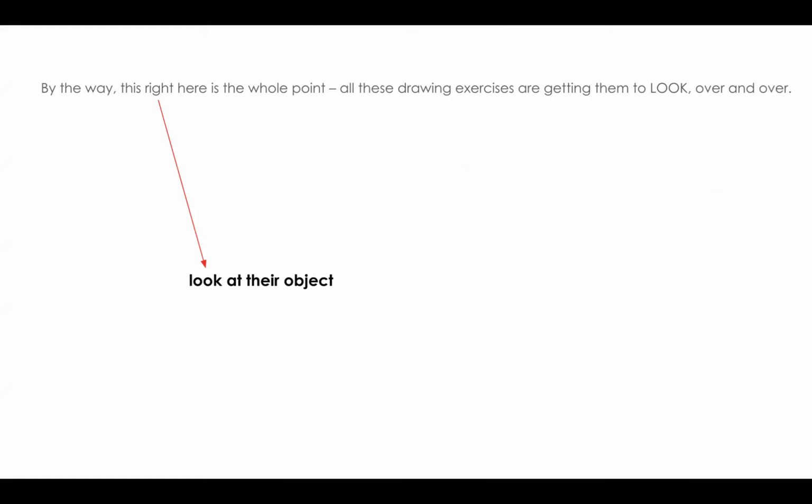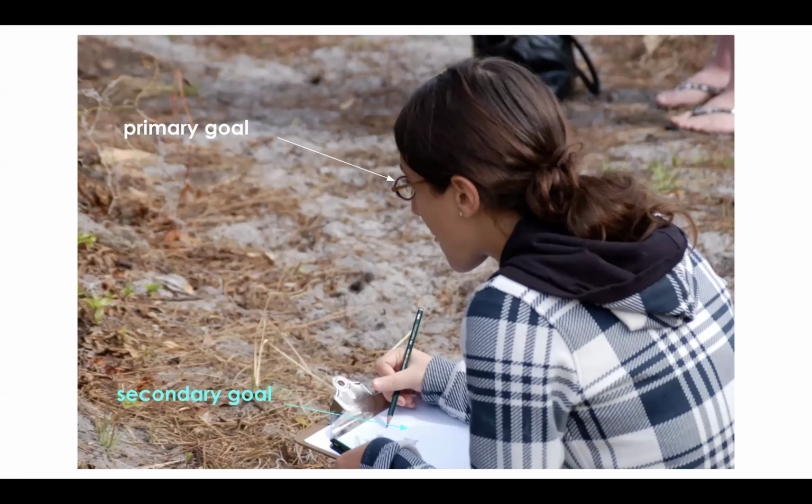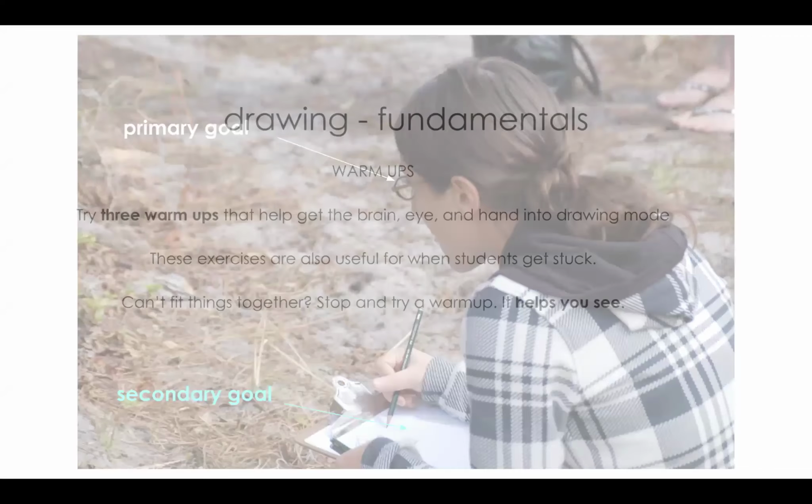The point is not to generate beautiful drawings like Jennifer Landon's article, although that's wonderful if you can get them to that point. It takes years. The point is to get their observation skills going, and to get them to ask questions about structure and function, to get them to think about what they're seeing. The primary goal is their observation. The secondary goal is the drawing that they're making.